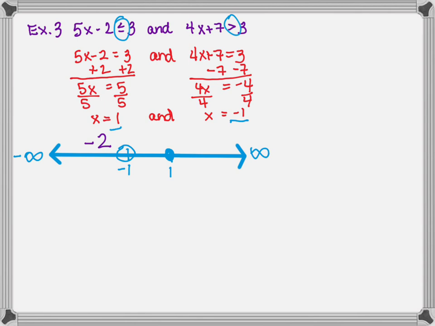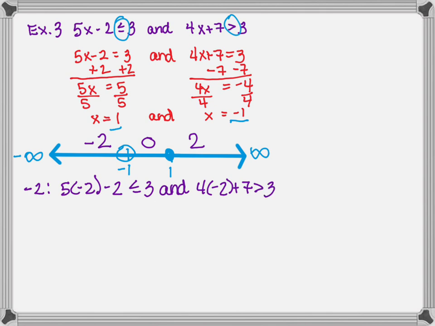Let's choose our test values. To the left of negative 1, I'm choosing negative 2. Between negative 1 and 1, I'm choosing 0. To the right of 1, I'm choosing positive 2. Let's test them. So testing negative 2, I've got 5 times negative 2 minus 2 less than or equal to 3, and 4 times negative 2 plus 7 greater than 3.